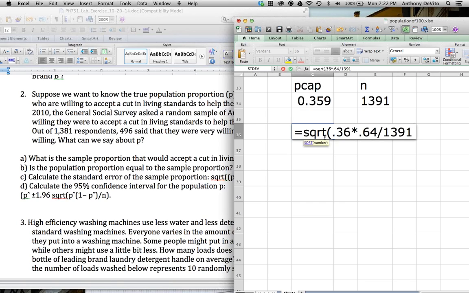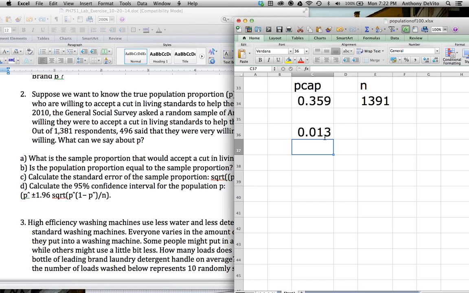I don't think I have to use parentheses here because they're all the same level. I'm going to hit enter. And our standard error is 0.013. That's a proportion, our standard error, right?